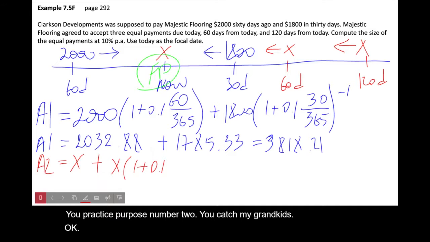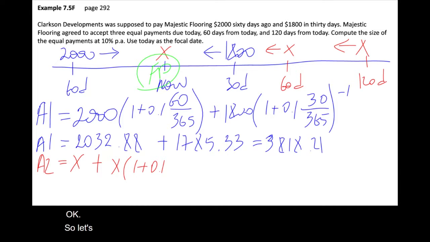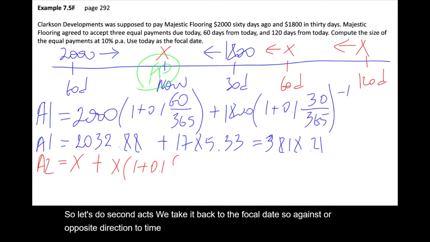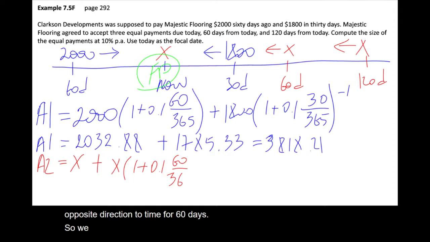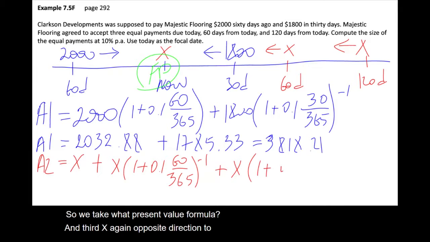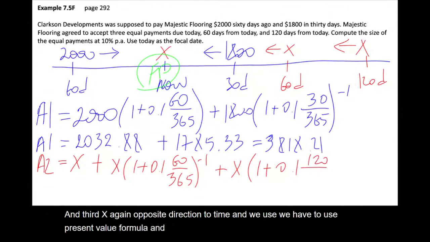So let's do it. Second X, we take it back to the focal date, so against, opposite direction to time, for 60 days. So we take the present value formula. And third X, again opposite direction to time, and we have to use the present value formula, and it's happening for 120 days.